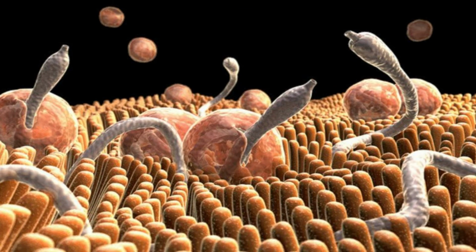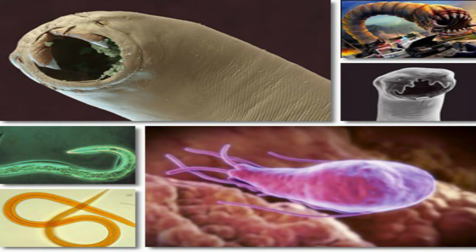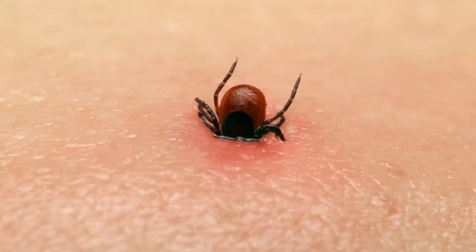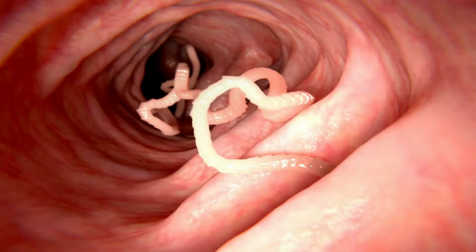So with parasitism, remember that one organism will be benefiting off of another organism, and that second organism will be harmed. So it's a positive and negative relationship. Now, usually with a parasite, the organism benefiting is going to be a simpler, less complex organism that's attacking the more complex organism.